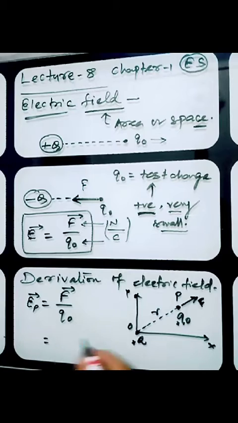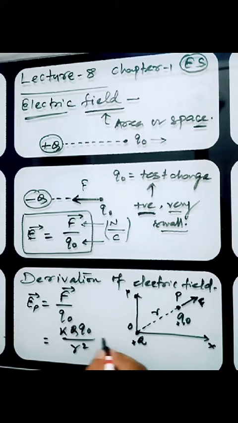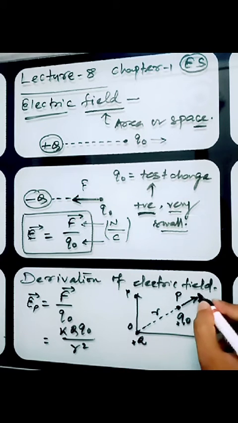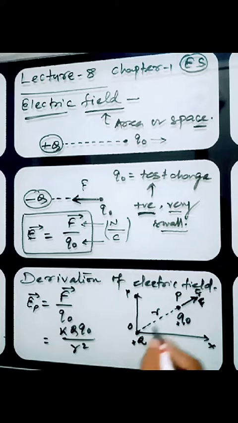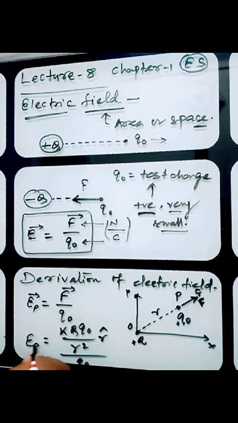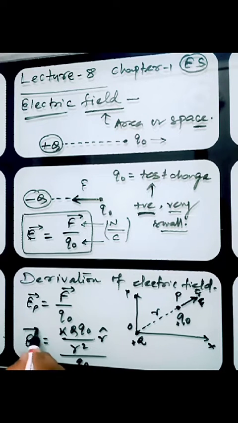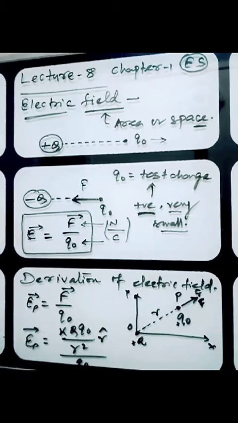Now the force between these two charges, using Coulomb's law, we can write as K Q1 Q2 over r square. And the direction of force is r cap, along the vector r, per unit test charge. So divided by Q naught, it is the electric field at point P in vector form.